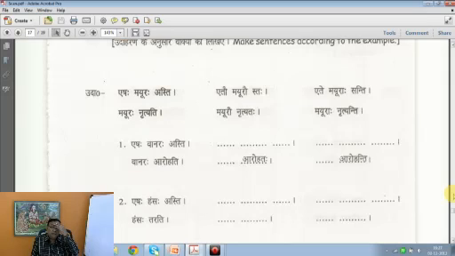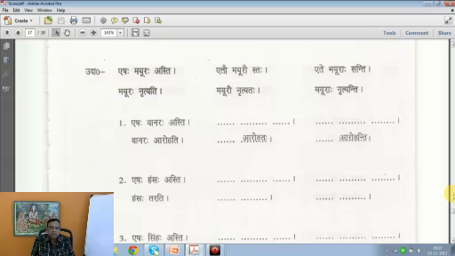These are the monkeys. Vanaraha arohati. Vanarau arohataha. Vanaraha arohanti. So in one place the subject is given and you derive it in dual and plural.